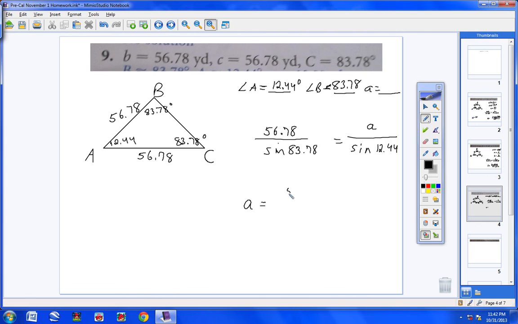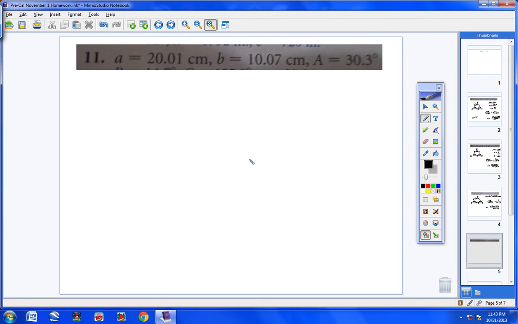A equals 56.78 sine of 12.44 divided by the sine of 83.78. Now, if you type that into your calculator correctly, you will get approximately 12.3 for A, 12.3.